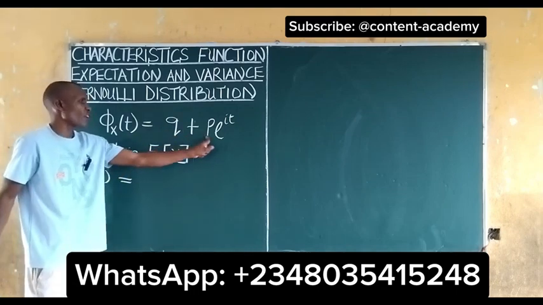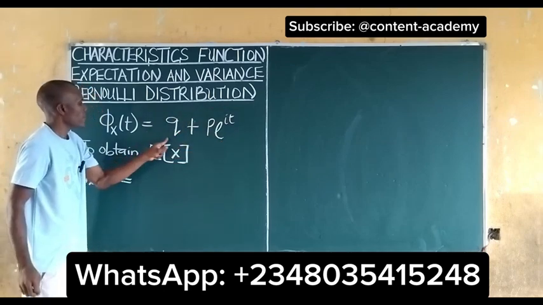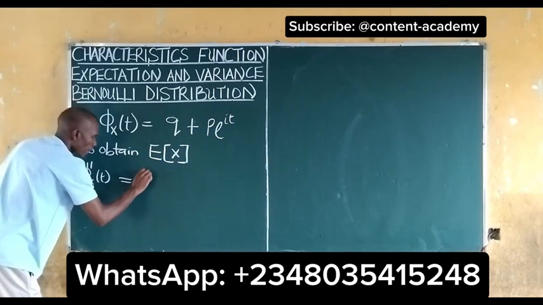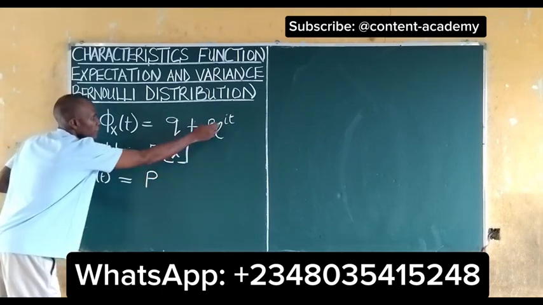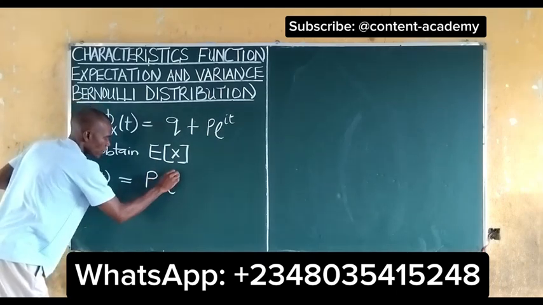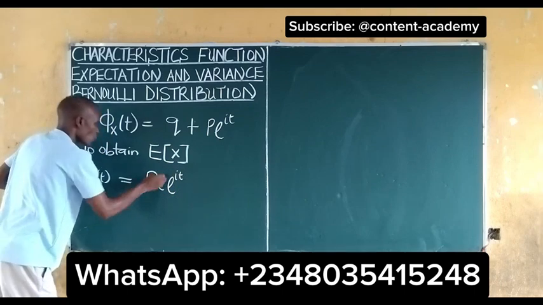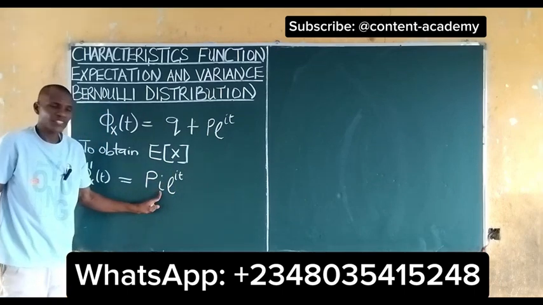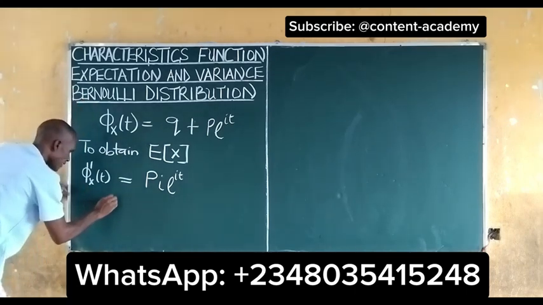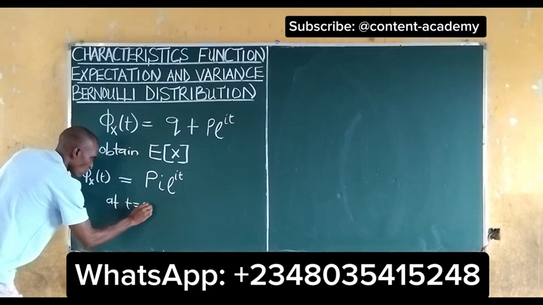And if we take the first derivative of this Bernoulli characteristic function, the first thing we will get is p i e^(it), where i is the imaginary unit. Now, we say at t equal to 0.